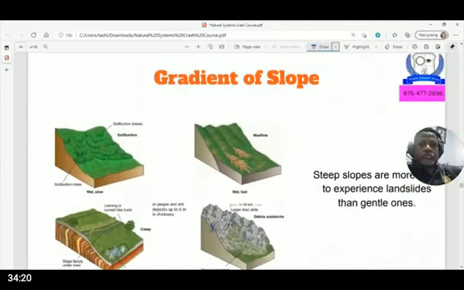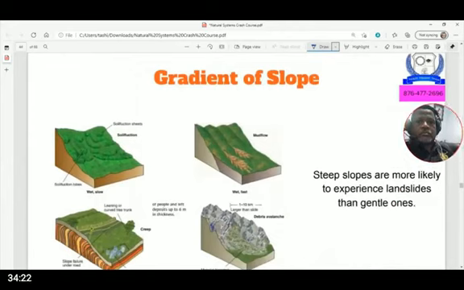So let us look at the gradient of the slope first. So gradient, we're talking about steepness, slope steepness. So if the slope is not very steep, so if it is less than 5 degrees in steepness, then we would expect soil creep to be taking place. But if you have a very, very steep slope, you are more likely to experience landslides.